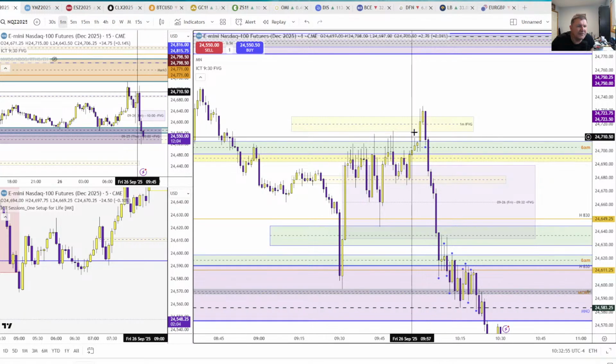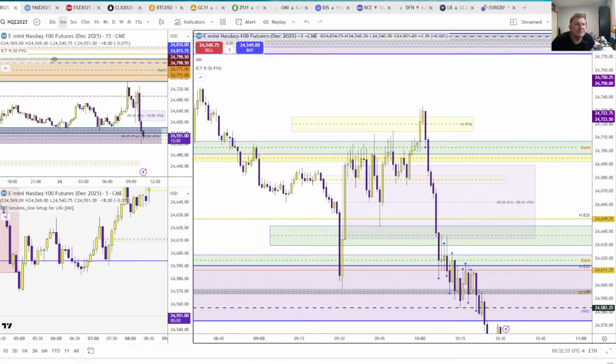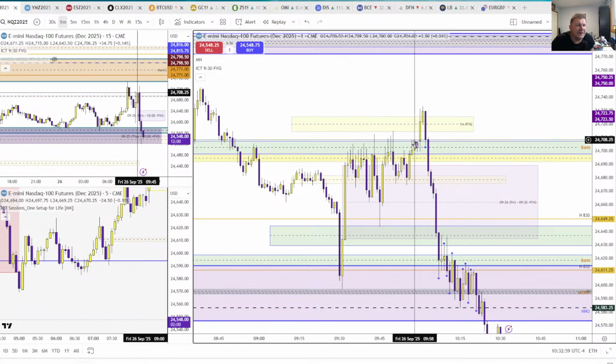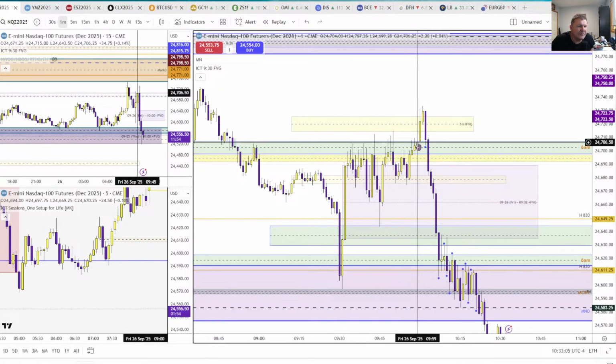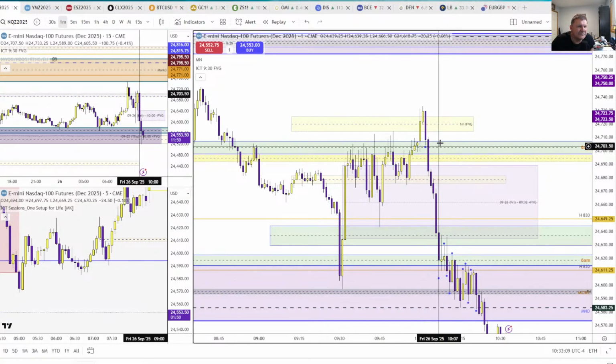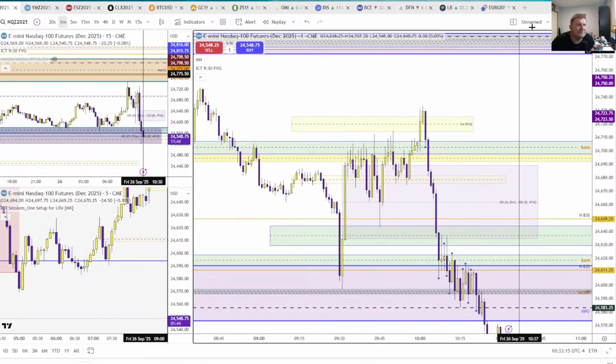His is on this side, ours is on this side. And we did not have ours there either. We did not close below that level. There's a little imbalance right there, so you would have had to have closed below 706 and then retest it for us to go lower. So ours wasn't even there.